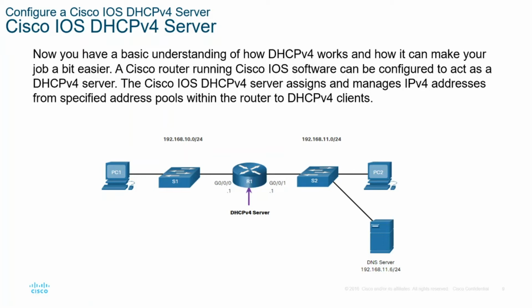Okay, for example in this diagram, the IP address configured statically on this interface is 192.168.10.1. So when you configure the DHCP server, you need to make sure that this IP address 10.1 is excluded.